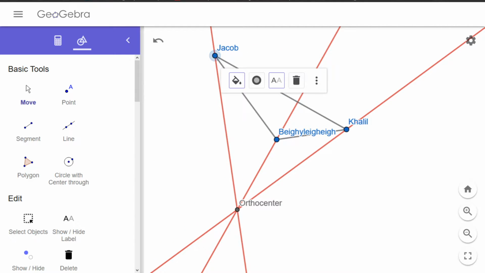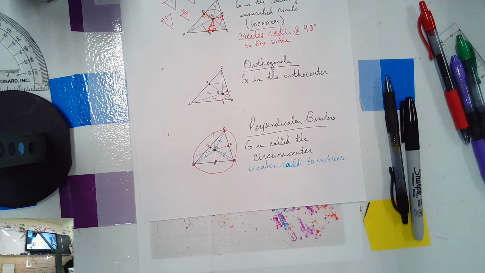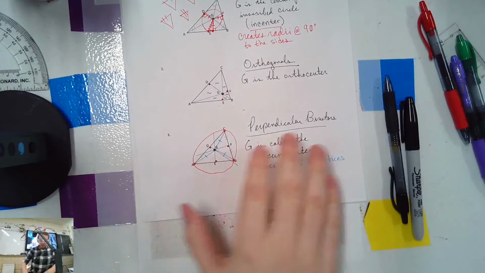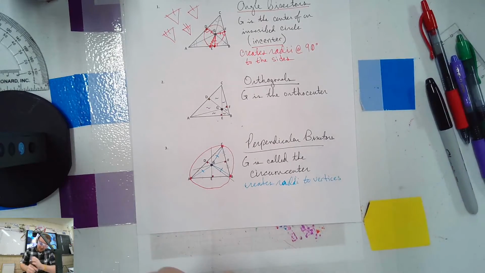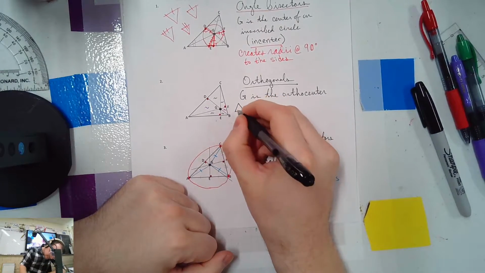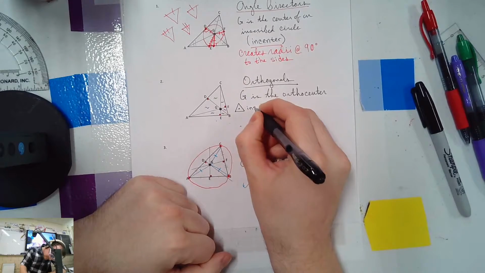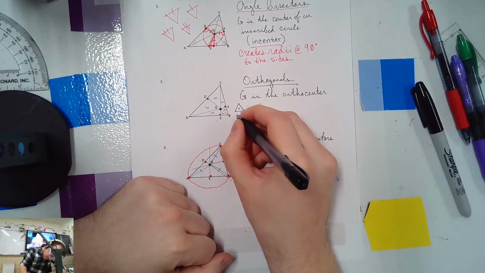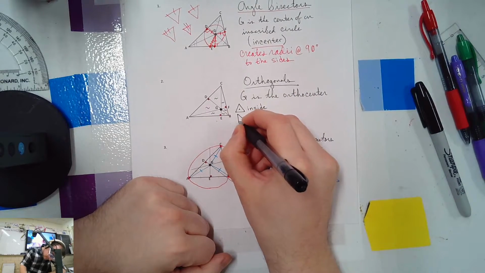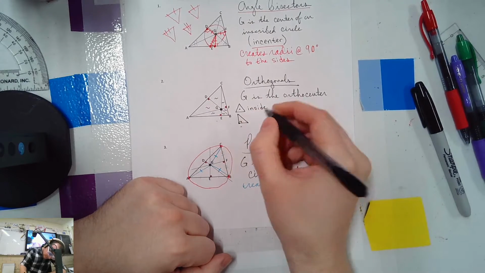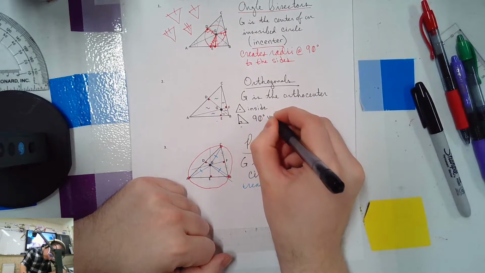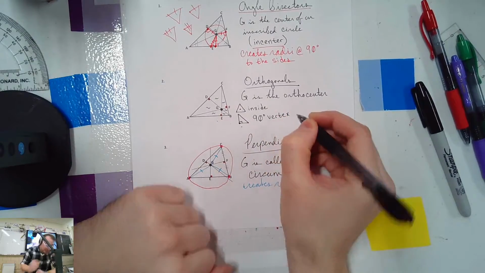So let's mark that on our diagram. So orthocenter. When we have an acute triangle, it's on the inside. For a 90-degree triangle, it ends up right on the 90-degree vertex. That makes sense, right?